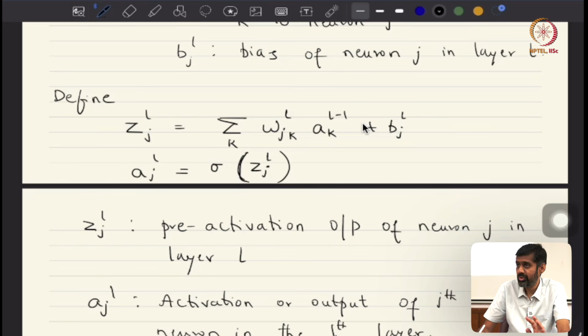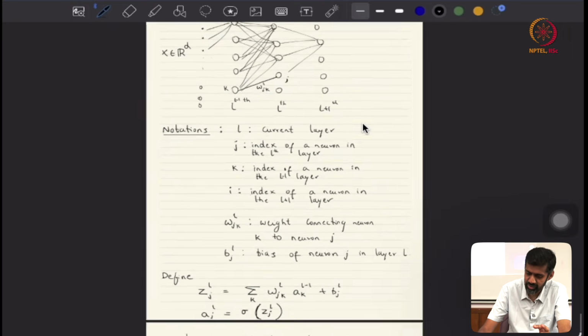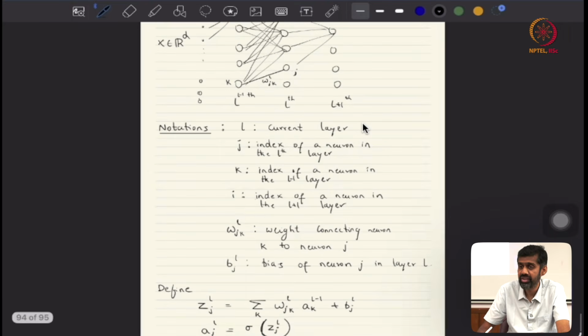Is it all right? Now notations are clear. Let me just flash them again so that we are all on the same page. Any questions on notations?